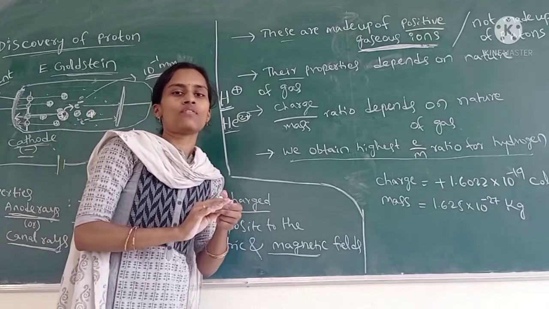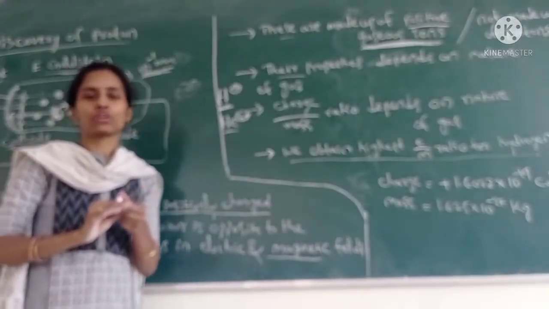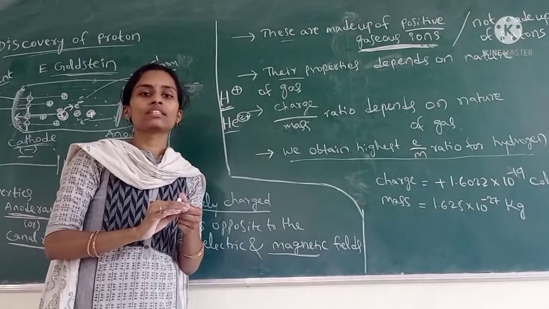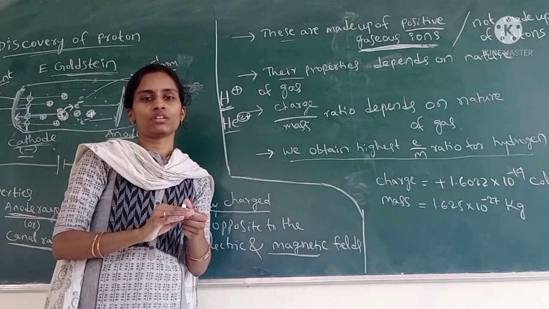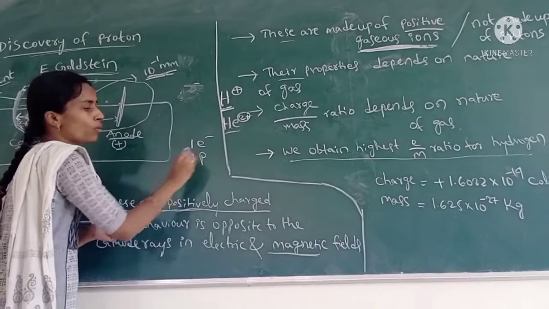In the case of hydrogen gas, the anode rays are called protons. Anode rays are made up of protons in the case of hydrogen gas only, because hydrogen contains only one electron and one proton.